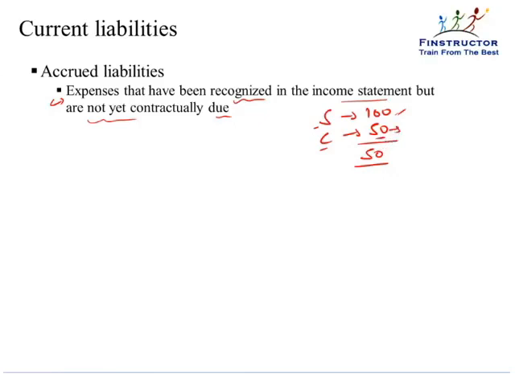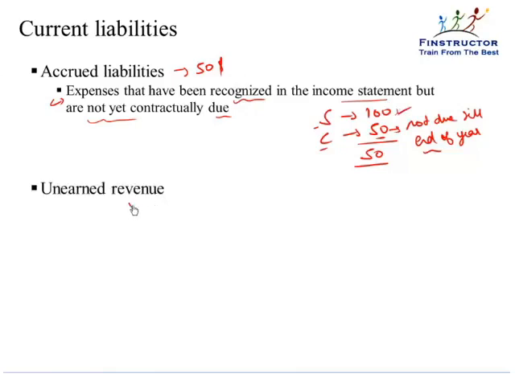However, this $50 is not due until the end of the year, because that's my agreement with my suppliers, that I'll pay you at the end of the year in which I sell the asset. But at the end of the year, this payment of $50 will have to be made. So at the moment, it will be called an accrued liability of $50, which will become due at the end of the year, and that's when I will pay it, because I've already sold the pen.